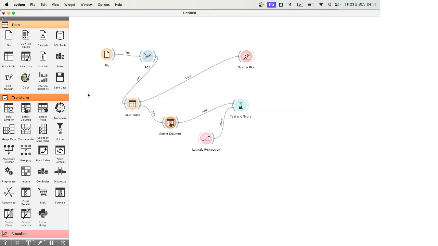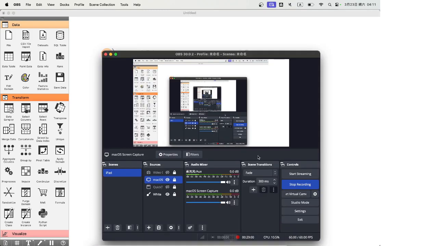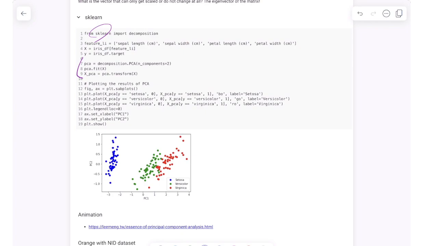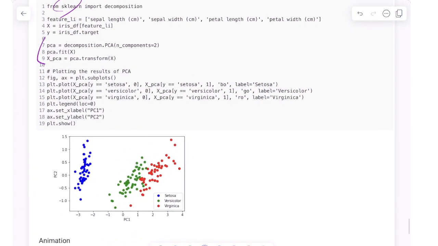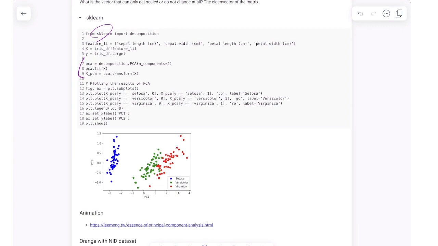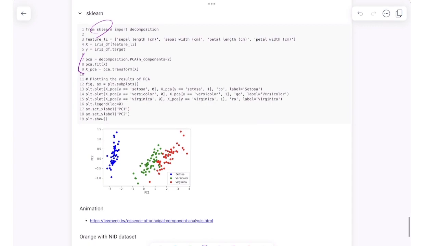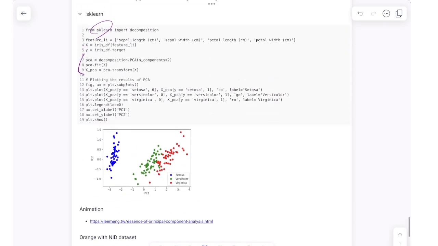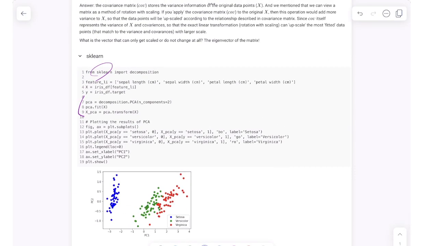That is just some experience from my past to share with you. So that is dimension reduction. We stop right here.